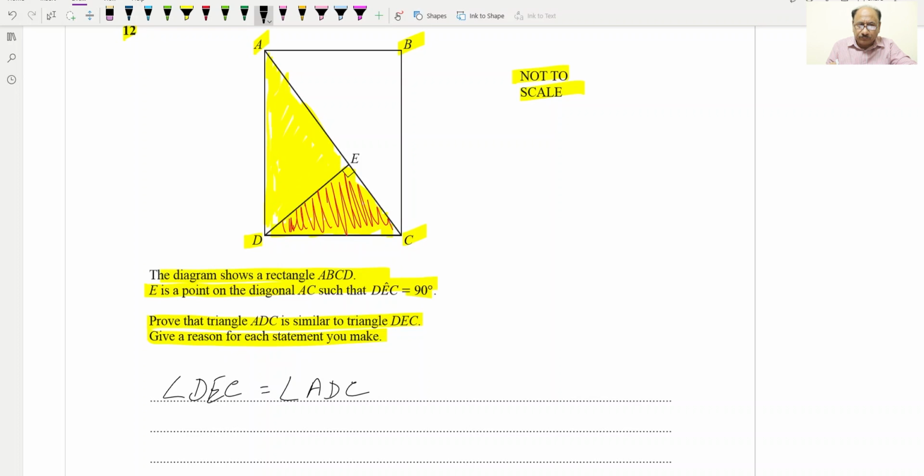These two angles are 90 degrees, because ABCD is a rectangle, and angle DEC is given as 90 degrees. So we can write the reasons: given, and rectangle.